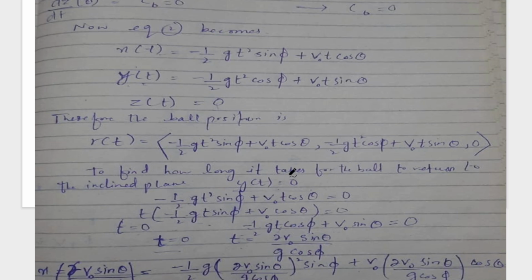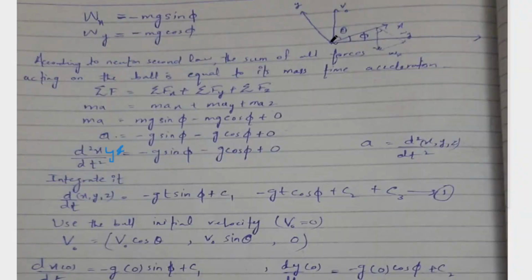To find how long it takes for the ball to return to the inclined plane, it's obvious there is an inclined plane. You very well know when we talk about the inclined plane, so this is the plane.